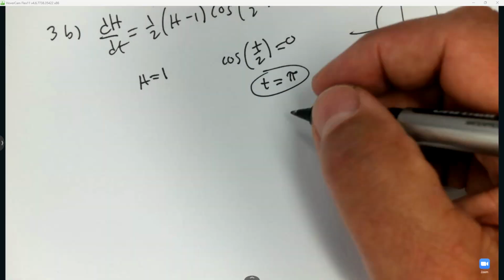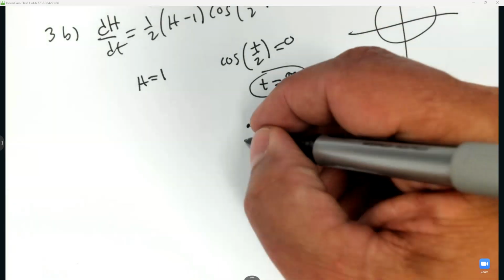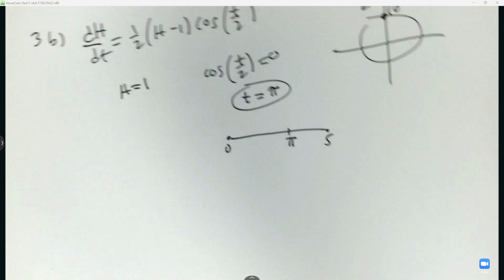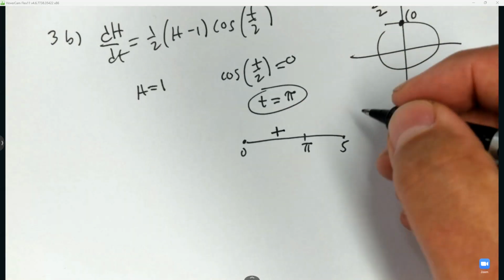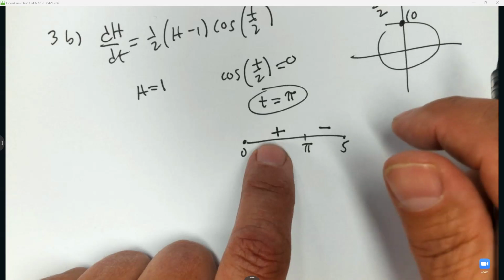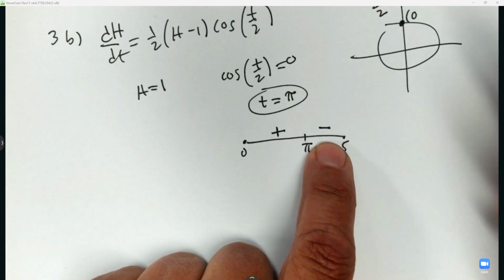The second part is, does that create a maximum or minimum? So you can look off the graph and see it's a maximum. And so if I look from 0 to 5, we have a critical value at pi. You can see that the derivative is positive and then negative.